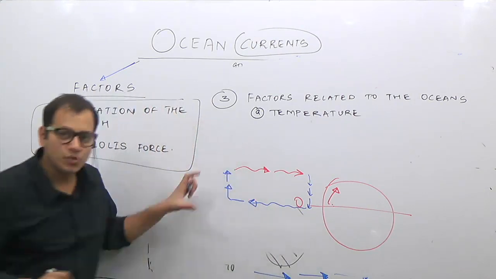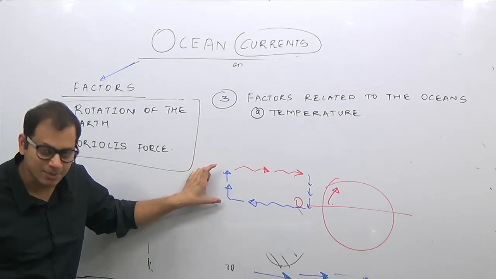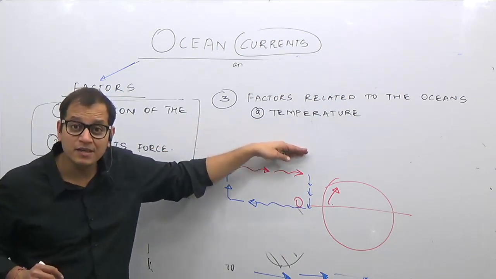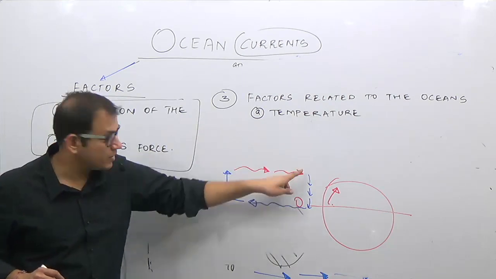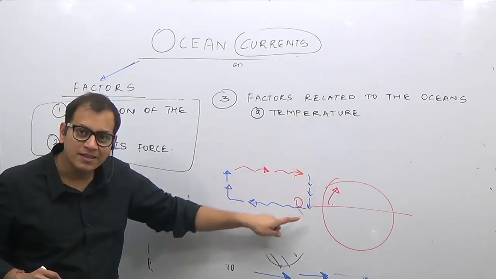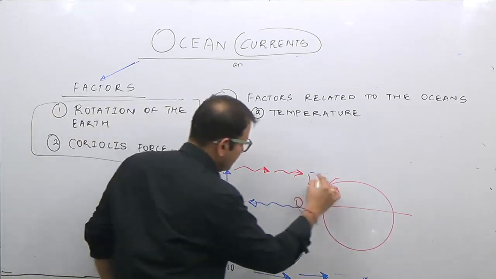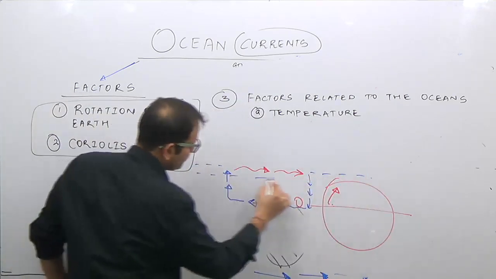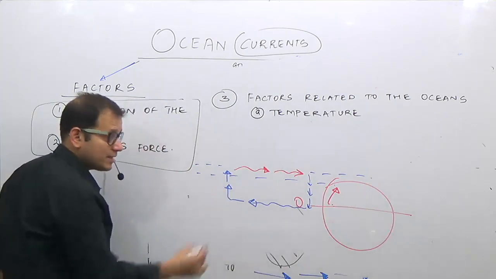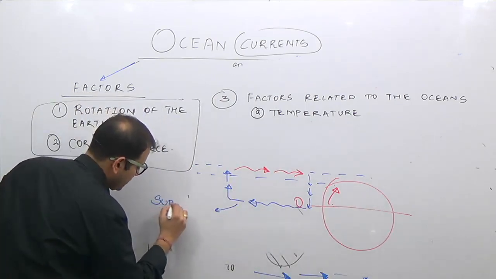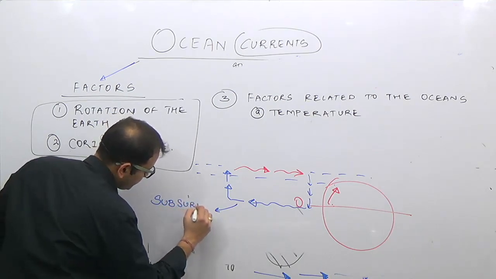So this is how the ocean currents look in three dimensions. The warm ocean water flows as a surface current, while the cold ocean water sinks downwards and then goes to the warm regions. If this is the surface of the ocean, the warm ocean water will flow as a surface current, while the cold ocean water flows as a subsurface current.